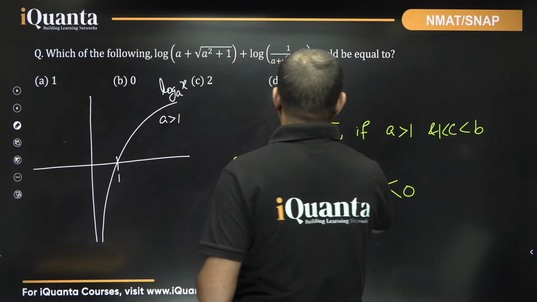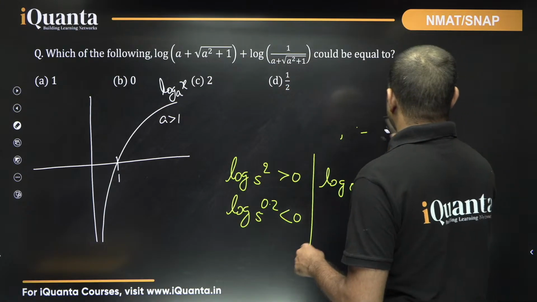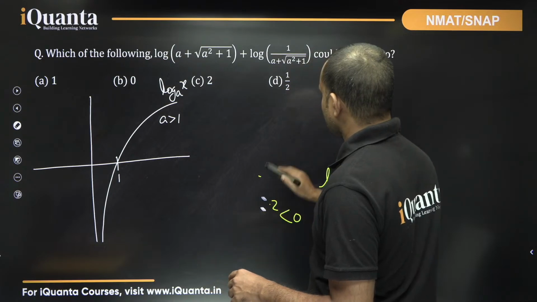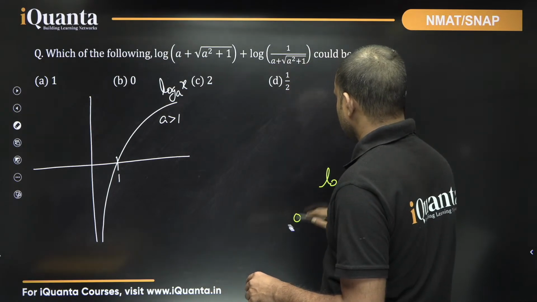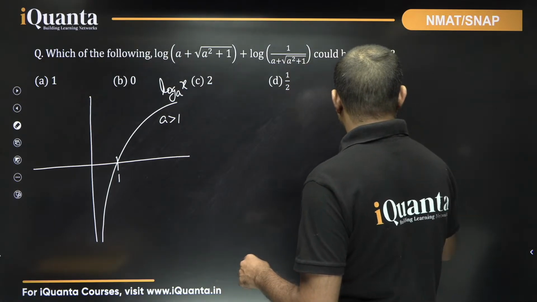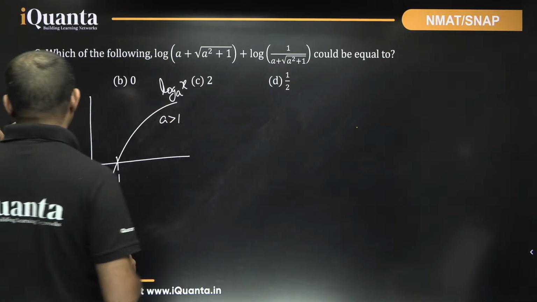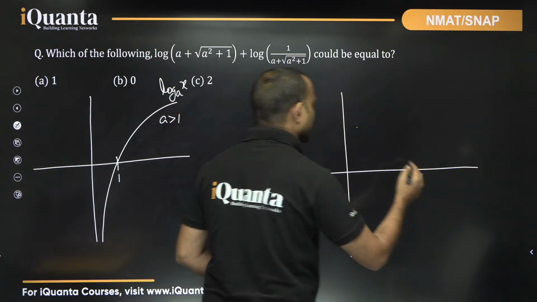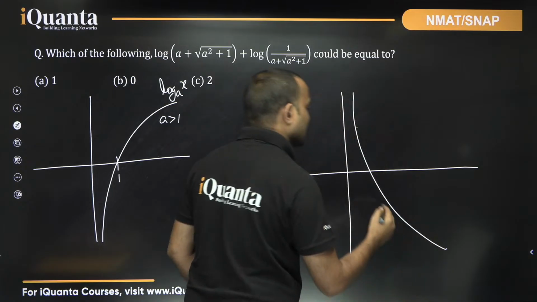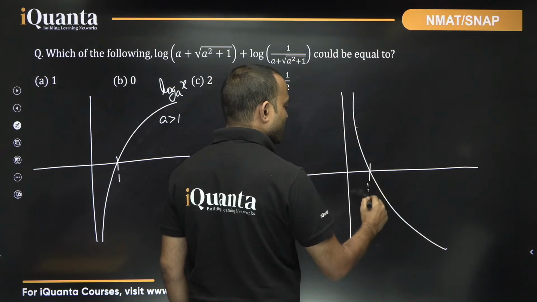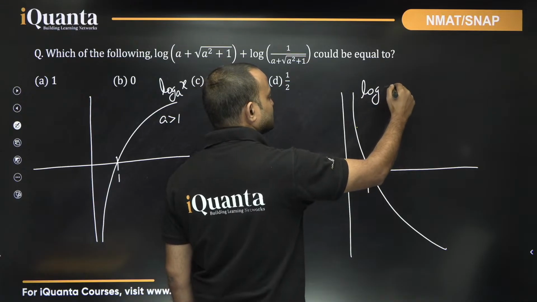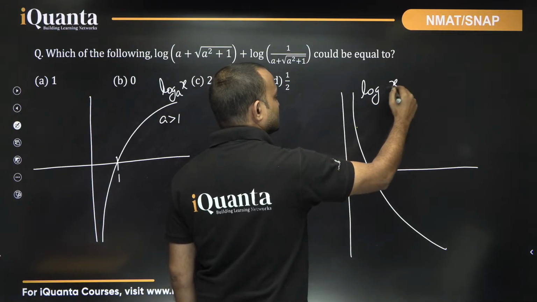Similarly, if you take the base between 0 to 1, the graph will be like this. This is again 1 and this is the graph of log x to the base a.